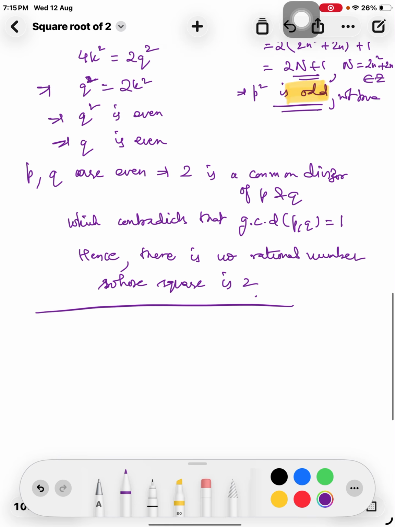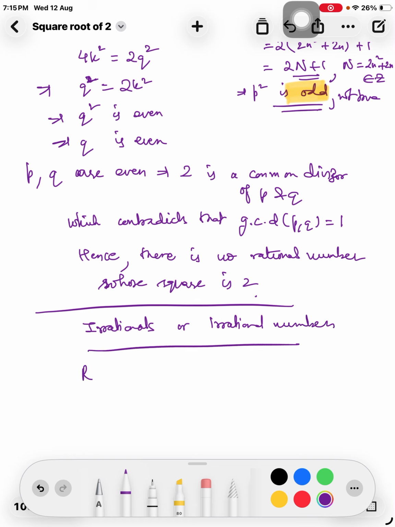So such numbers which are not rationals give us the numbers which we called irrational numbers. So real numbers consist of all the rationals union irrationals.